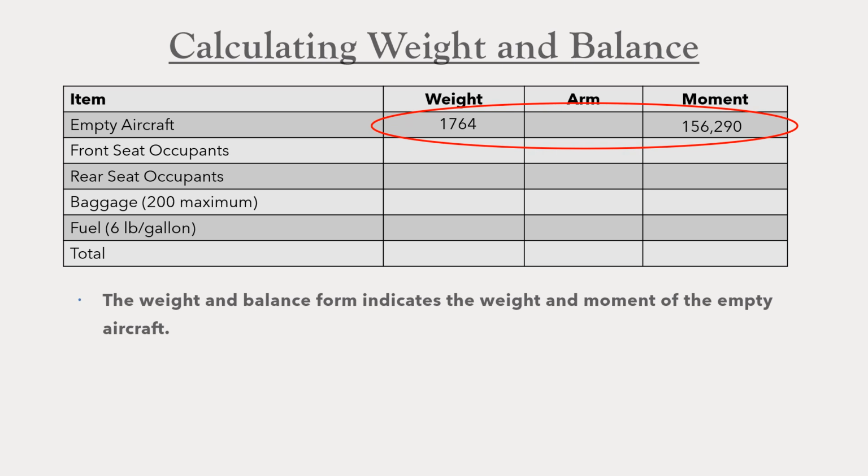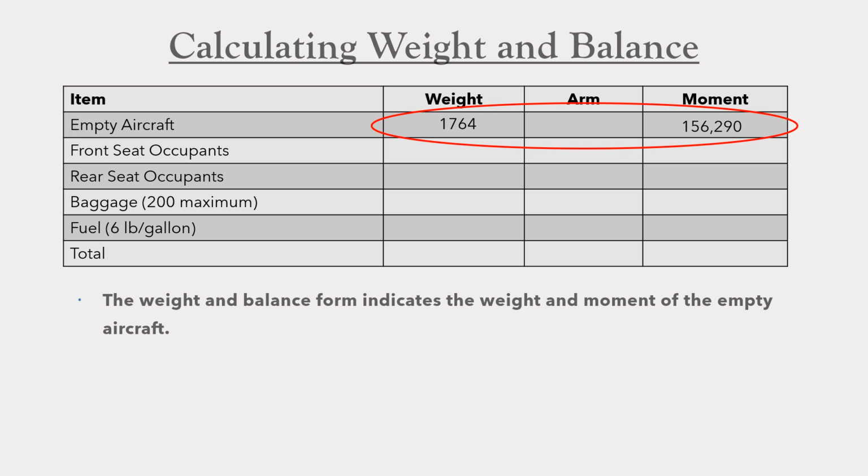So the first weight is the empty aircraft. We'll obtain this information from the weight and balance form that's required to be in the aircraft in order for the aircraft to be airworthy. Sometimes the weight and balance form does not indicate the moment directly. Sometimes it indicates the center of gravity, which is another term for the arm of the empty aircraft.